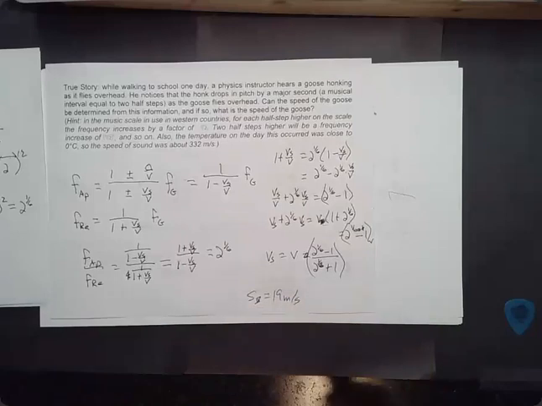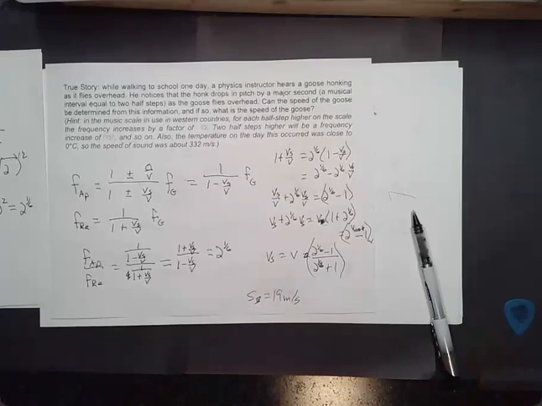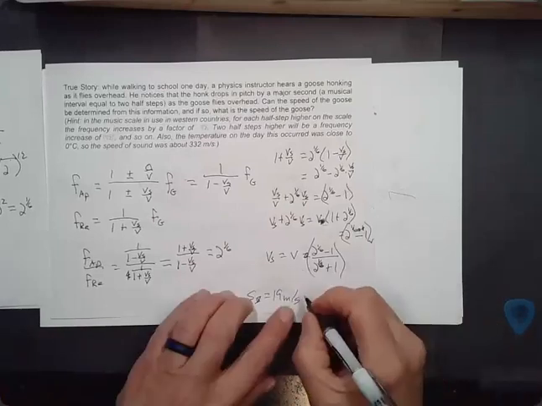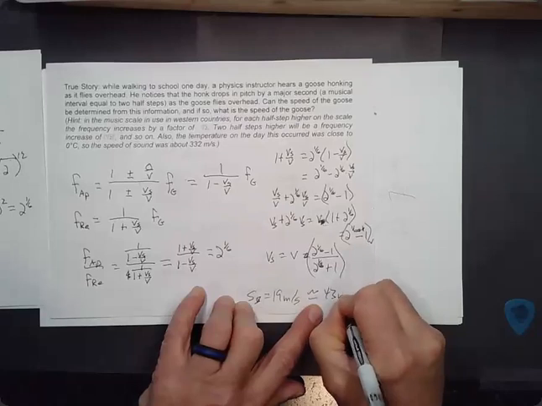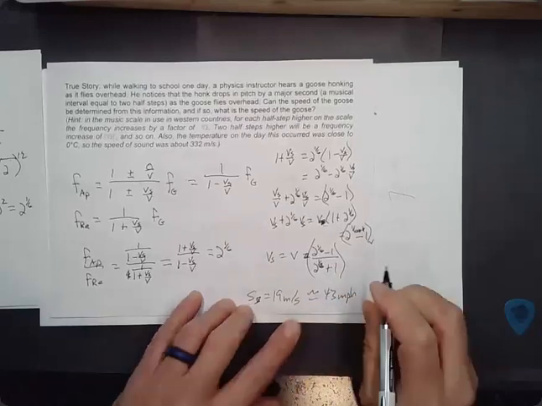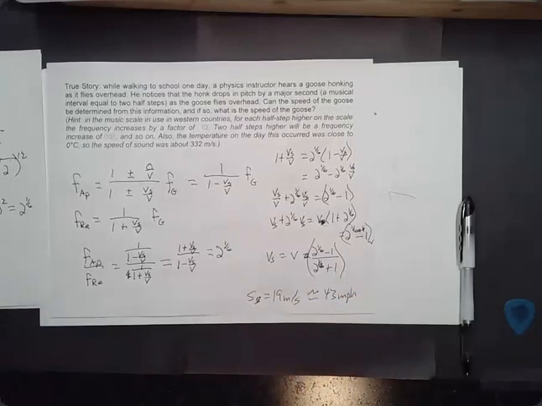Well, let's see. I multiply that by 90 miles an hour divided by 40 meters per second. Those two are about equal. I get about 43 miles per hour. And that's actually in the range of what Canadian geese can fly at.